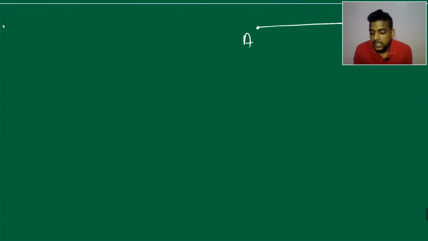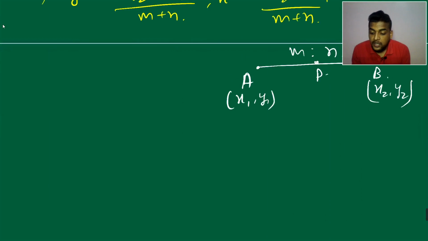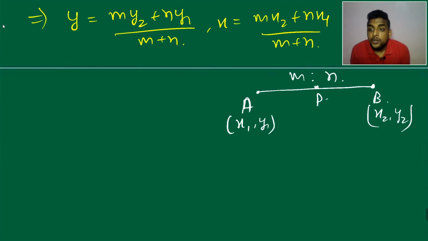Let me tell you the memorizing technique which I have been using for the last 7 years, and it is very good. A point is x1 comma y1, B point is x2 comma y2, and we have some point P which divides AB in the ratio m is to n, and we have to find P. Suppose P is x comma y.